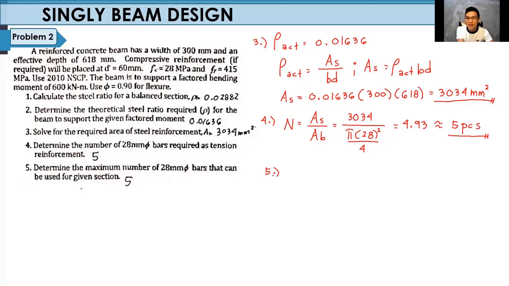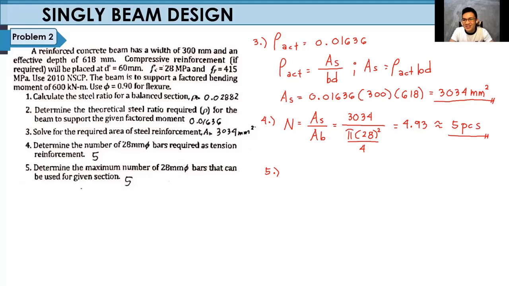Ayan. Okay? So, for number 5 and our last problem for this situation, determine the maximum number of 28 mm bars that can be used for the given section. Ilan daw yung bars na gagamitin natin for the given? So, yung gagamitin natin na rho is yung maximum. So, therefore, yung maximum natin na area yung gagamitin natin.